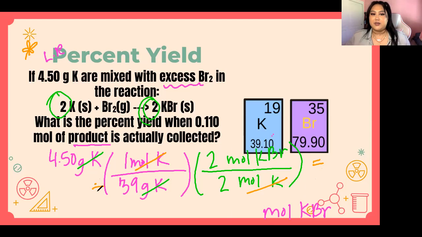This divided by that, by 39, and this becomes a 1, so it's really just 4.5 divided by 39. Anyone have an answer for that? Okay, 0.115. That's pretty close to our actual, right?